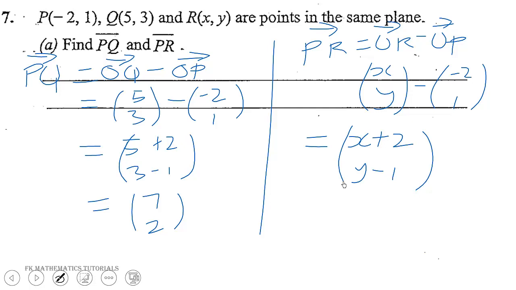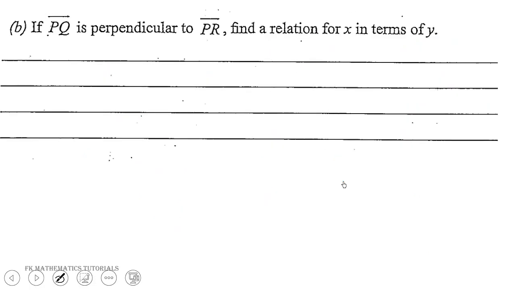Now we're asked, question B said, if PQ is perpendicular to PR, find a relation for X in terms of Y. So if PQ is perpendicular to PR, then vector PQ dot vector PR should be equal to 0, because the dot product of perpendicular vectors is equal to 0.